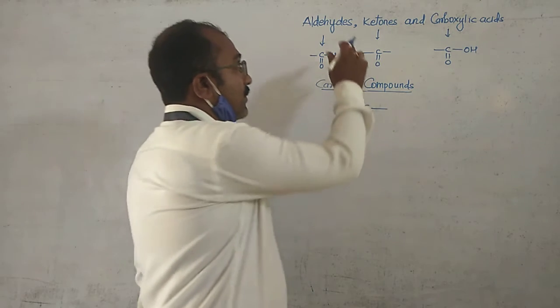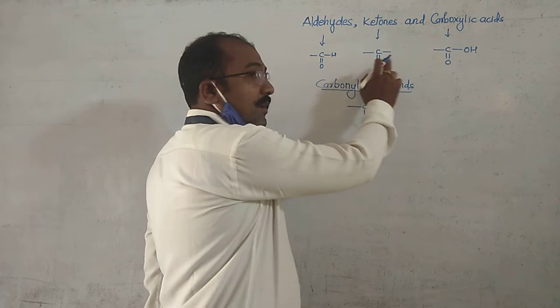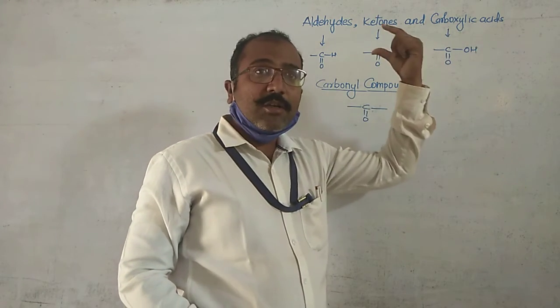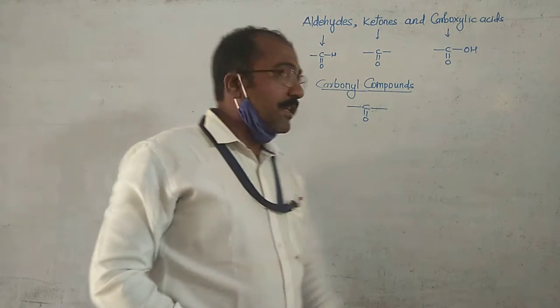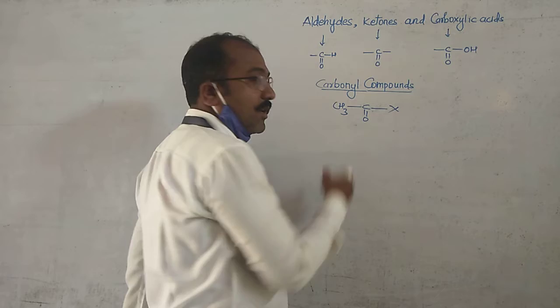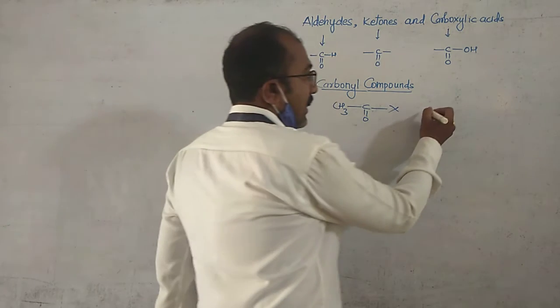For example, aldehydes are carbonyl compounds, ketones are carbonyl compounds, and carboxylic acids are also carbonyl compounds. Other than aldehydes, ketones and carboxylic acids, acid halides are also carbonyl compounds because they contain the carbonyl group in their molecule.